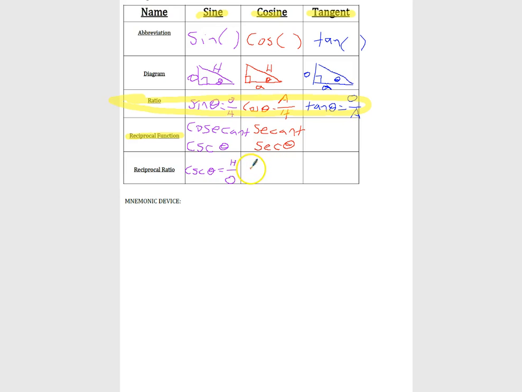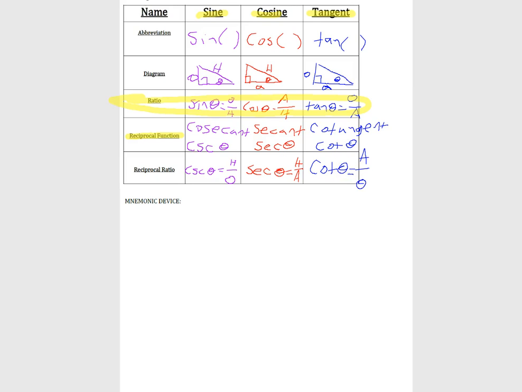Again, it's just the reciprocal of cosine, so sec of theta equals the hypotenuse over the adjacent side. And lastly, the reciprocal of tangent is going to be cotangent, which is abbreviated cot. Instead of opposite over adjacent, as for tangent, it's going to be the adjacent side over the opposite side.